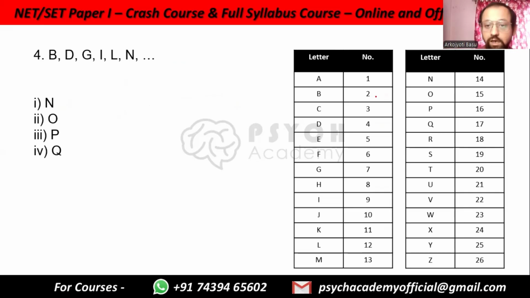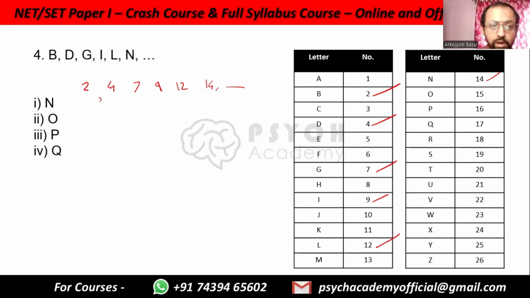B, D, G, I, L, N, _. 2, 4, G is 7, I is 9, L is 12, and N is 14. Okay, so let's write it down. We have 2, 4, 7, then 9, 12 and 14, then a gap.